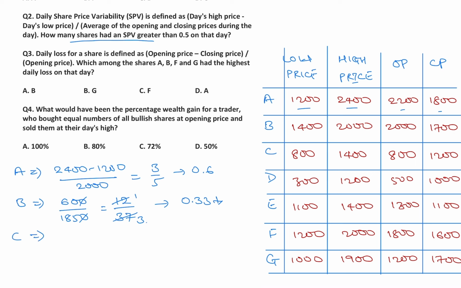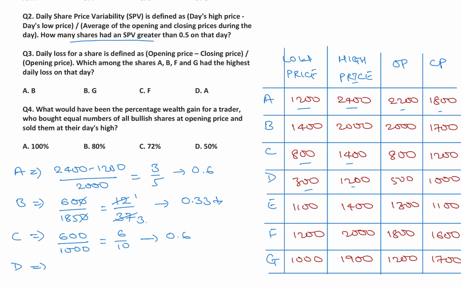Let's move on to C. For C, it is highest minus lowest. It gives me 600 upon the average of 1200 and 800, which will be 1000. This gives me 6 by 10. So the value will be 0.6. Let's go to D. It will be 1200 minus 300.